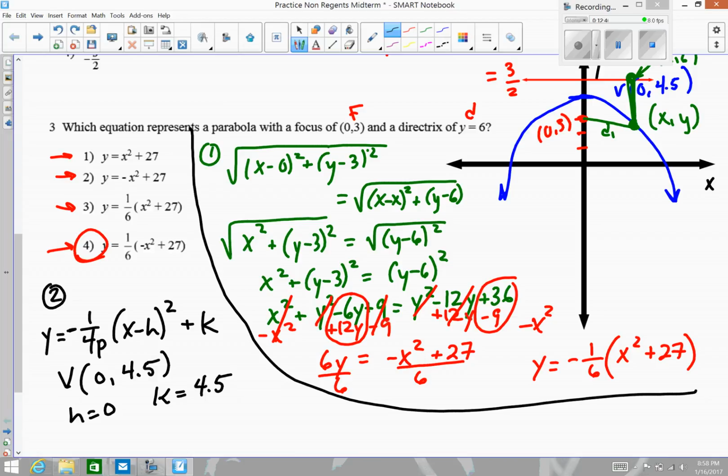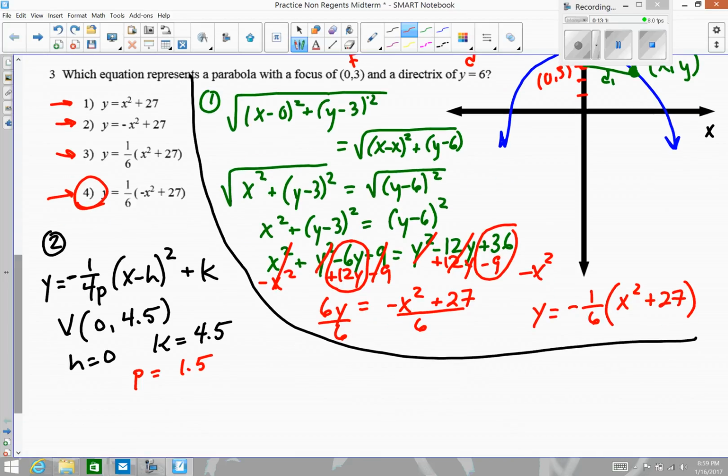P is the distance between the vertex and the directrix, or the vertex and the focal point. In this case, p is going to be equal to the distance between 0, 4.5 and 0, 3. That would be a distance of 1.5 units. Alright, so knowing that, I can substitute those into my equation.